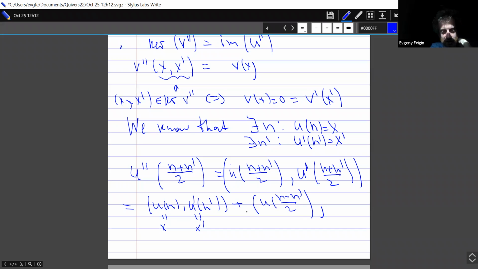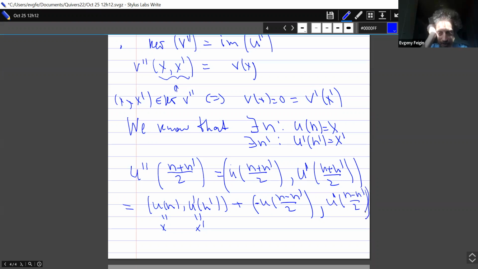So let's see. We take n. Yes. So this minus, right? So now it's better. And then the second component is u of u prime n minus n prime over 2.